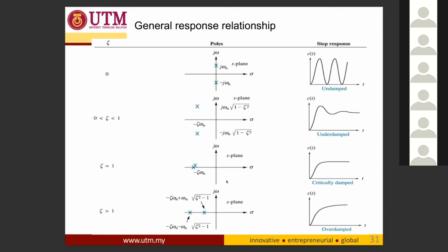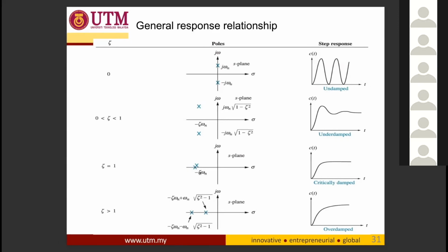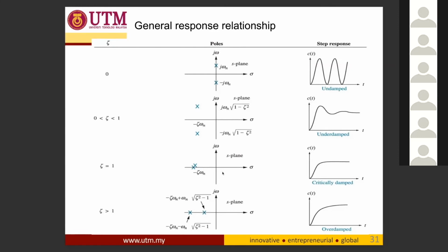If zeta is equal to 1, the poles overlap, negative and overlapping on the real axis, which we call critically damped. When zeta is greater than 1, it gives negative real poles, which is the overdamped response. Please remember this range.